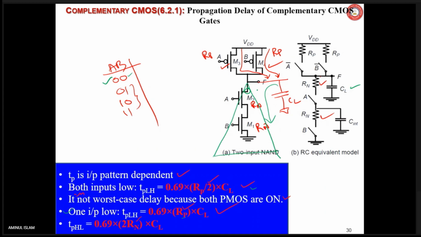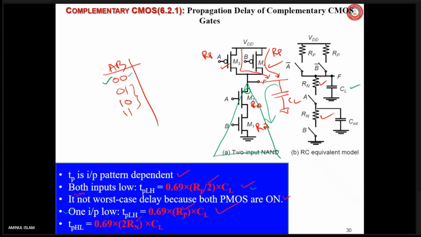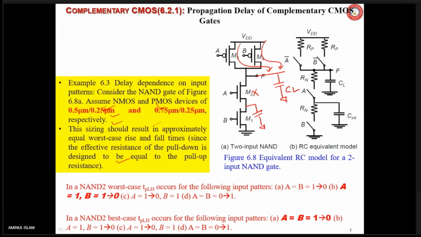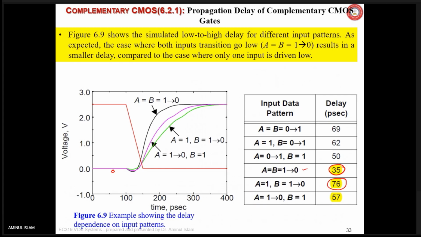If you do this progressive layout, then it will be less. That is one reason. Anyway, these are very simple and well understood by you, so study yourself.